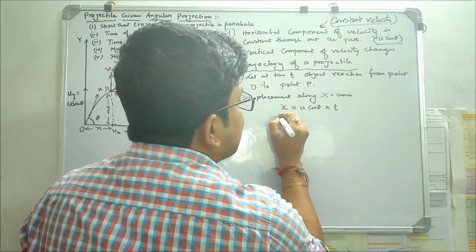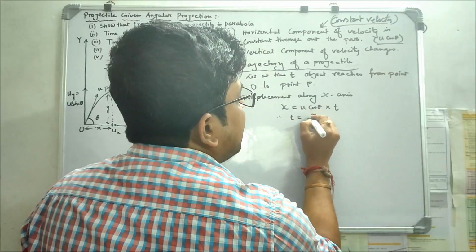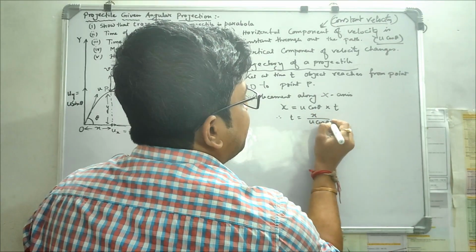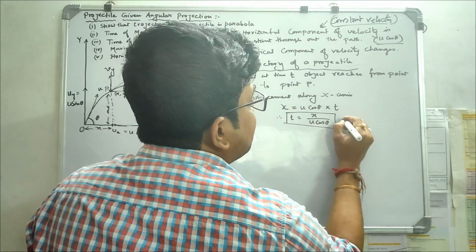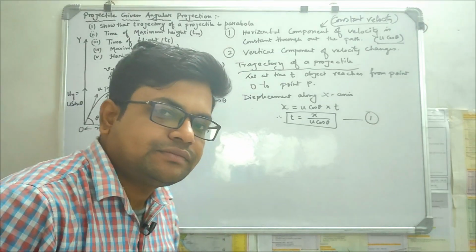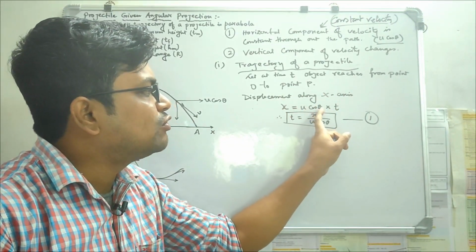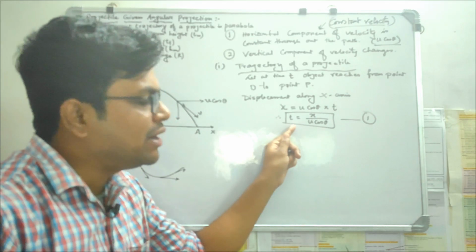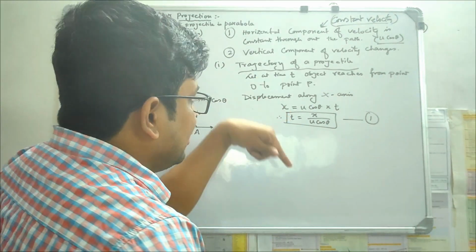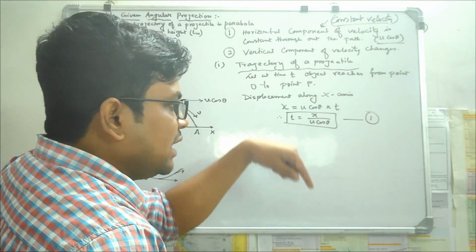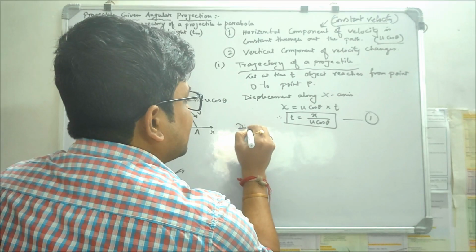From here you will calculate time equals x by u cos theta. That is the time I am getting. Equation number 1. So displacement along the x-axis is x equals u cos theta into t. From there I calculated the time.